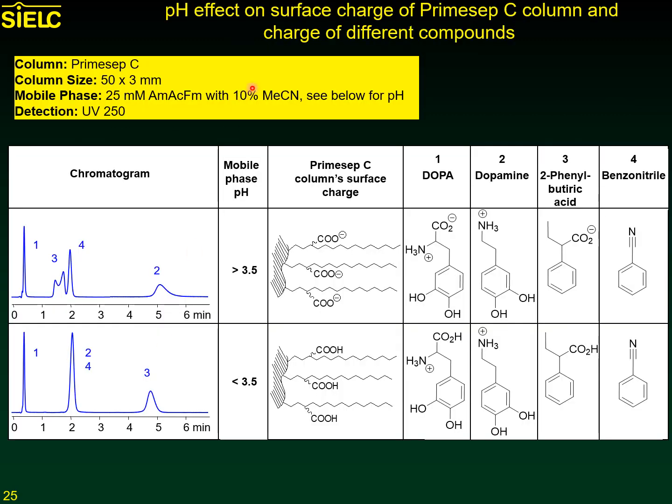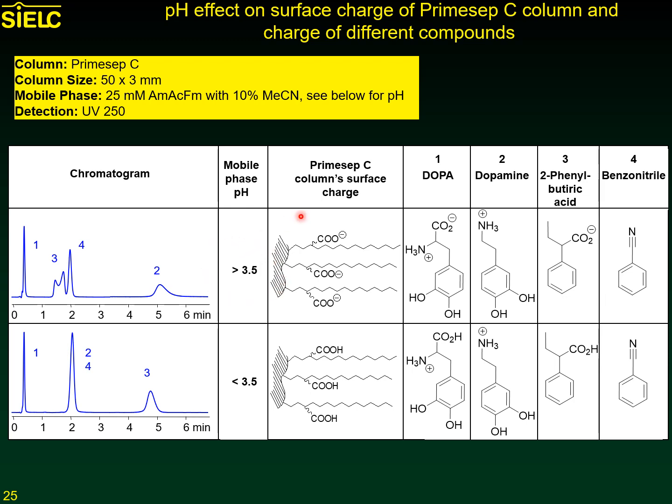And this is an example of separating a four-component mixture, shown here, on a Primesep C column at different pHs of the mobile phase. In the top example, all four compounds have been reasonably separated from one another, and this is because the mobile phase pH is greater than 3.5.